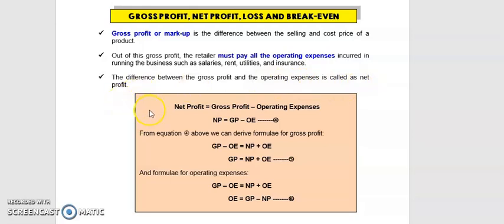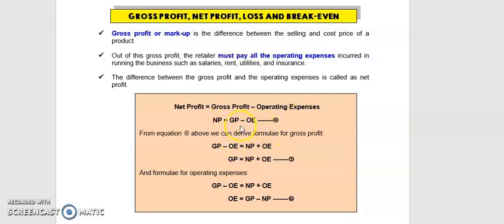When your gross profit is more than operating expenses, then you will get net profit. In contrast, if your operating expenses are more than gross profit, it means what you need to pay is more than what you earn, then you will suffer a loss.